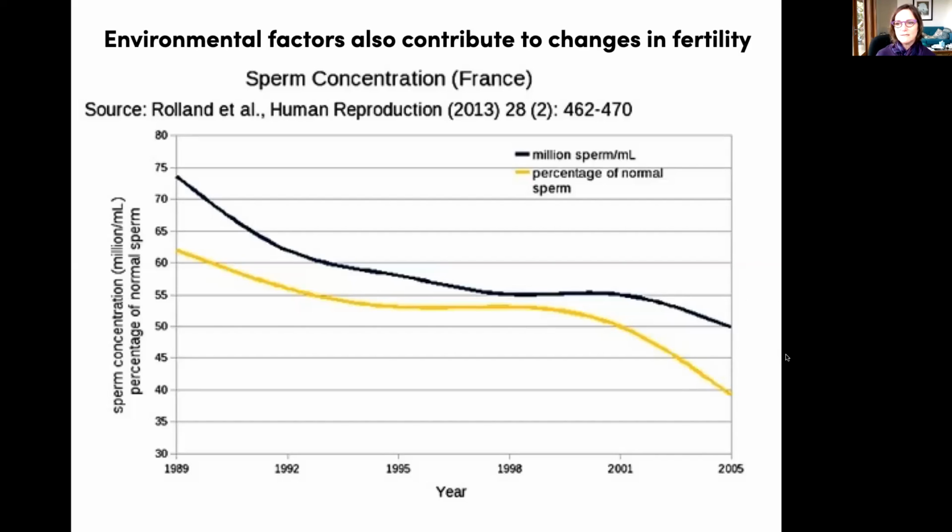And not only the total number, but also the quality of sperm, as measured by the percentage of sperm that are swimming properly and are morphologically normal, has also declined. We don't really know why. It's assumed that a lot of the chemicals in our environment, many of which actually mimic reproductive hormones, may be contributing to this, and also pollution and other kinds of toxins in the environment.